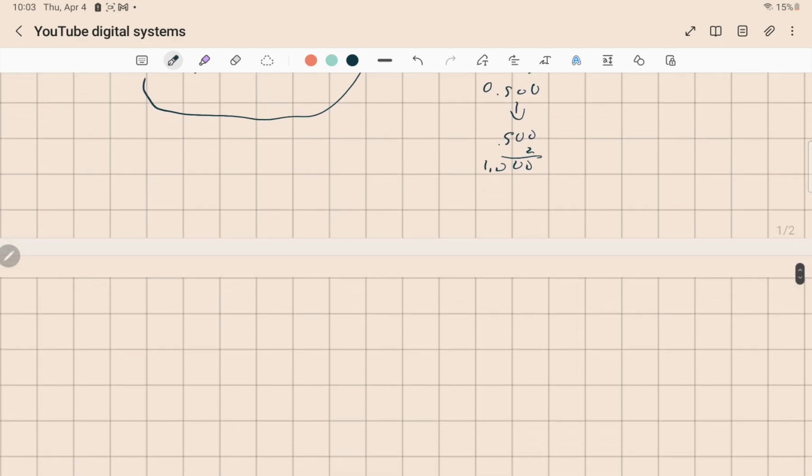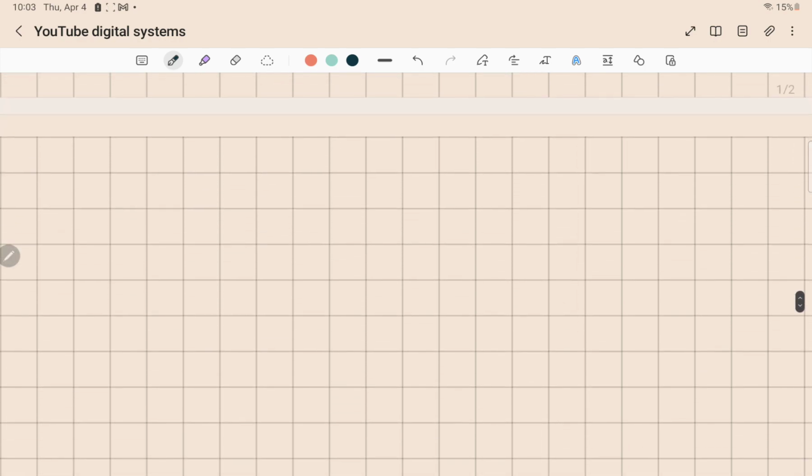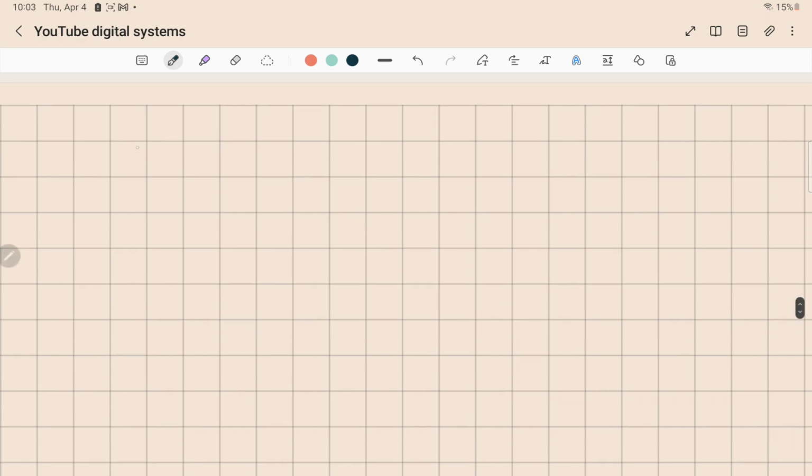Okay. Now we're going to do arithmetic with different bases other than 2. This is very easy. We'll just do an example. Here first I'll write it down. Arithmetic in different bases. Okay.